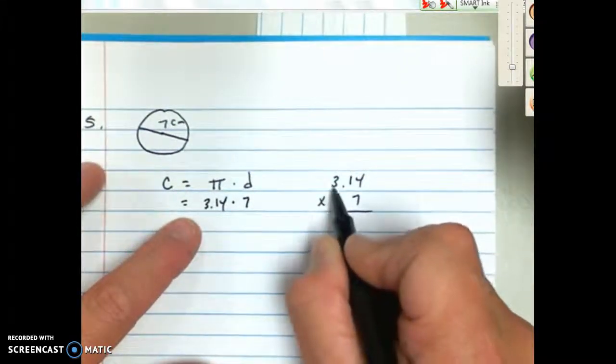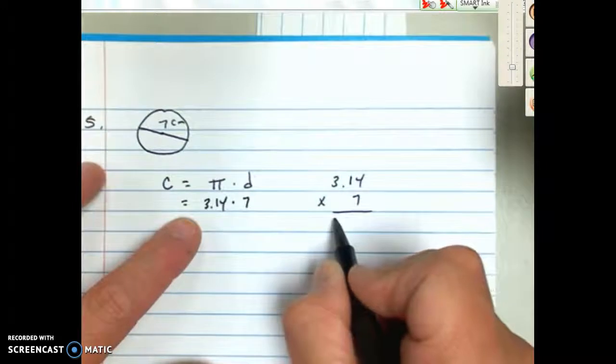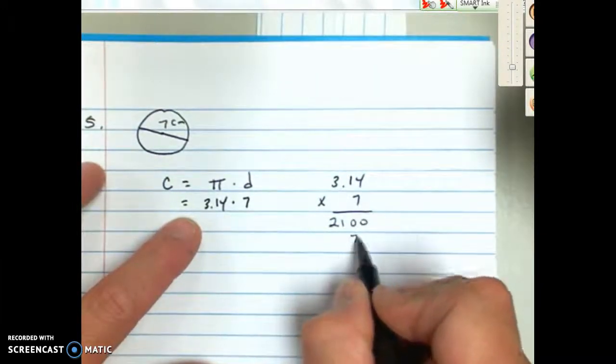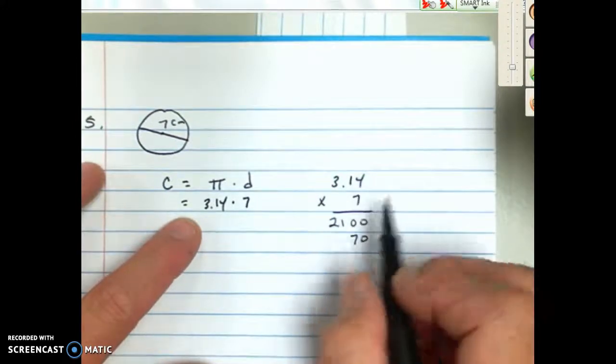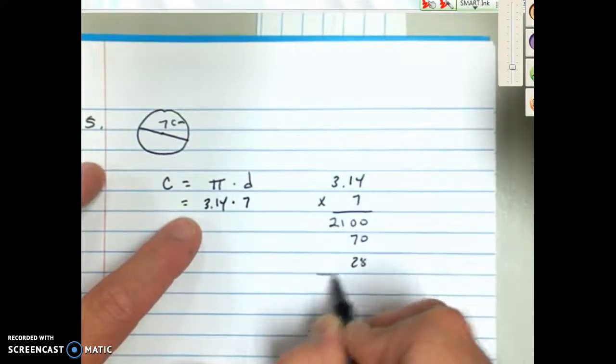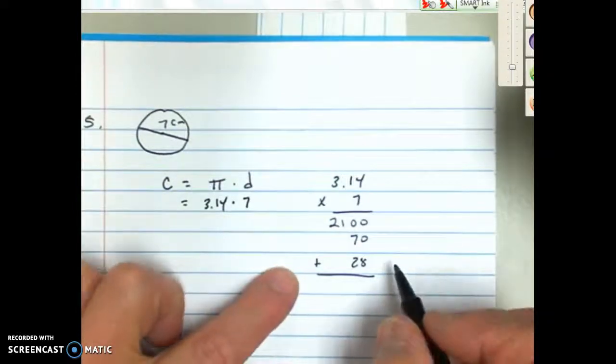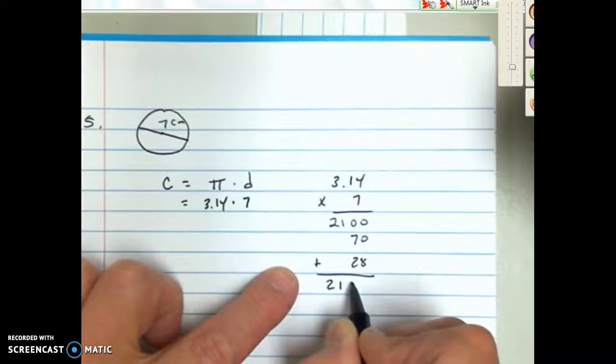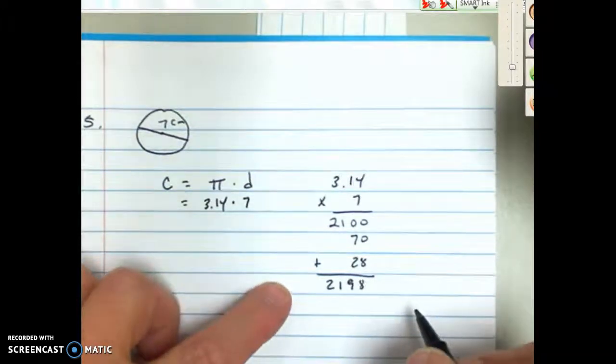So 300 times 7 is 2100. 7 times 10 is 70, and 7 times 4 is 28. We're going to add this together, and we get 2198.